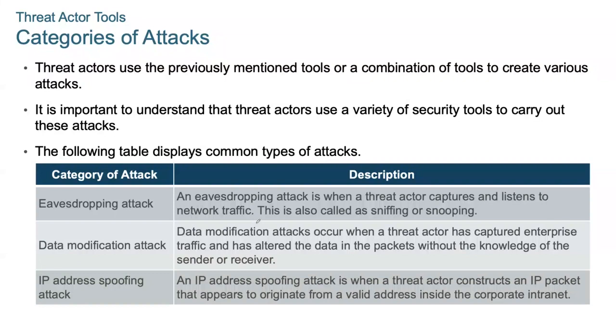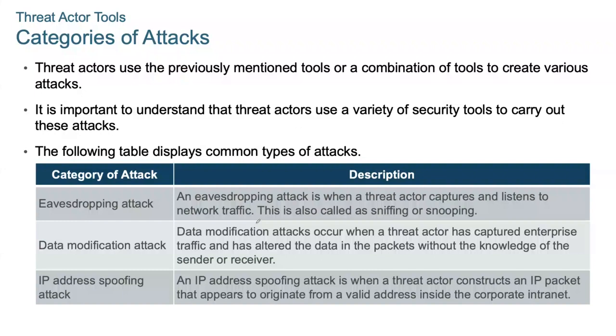So it is a combination of previous tools to create various attacks. Here in this table you can see some types of attacks. It is important to understand that threat actors use a variety of security tools to carry out these attacks. So one is your eavesdropping attack.